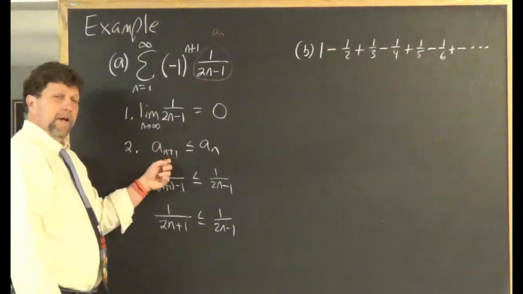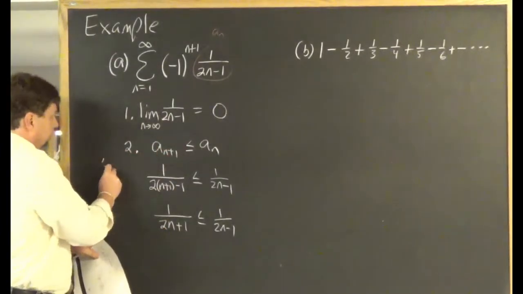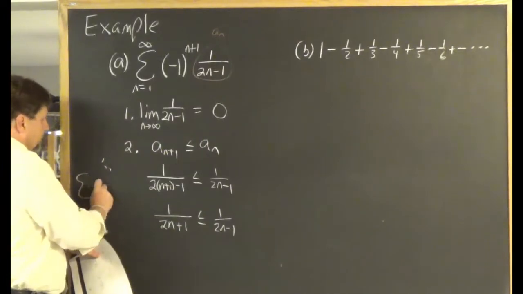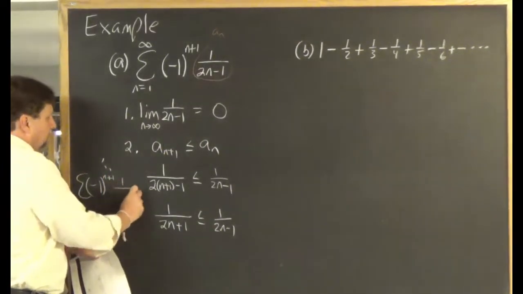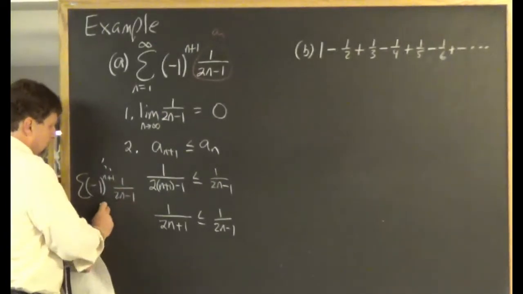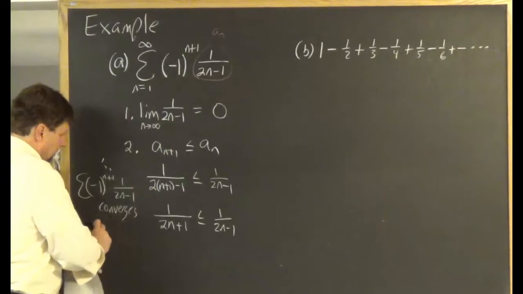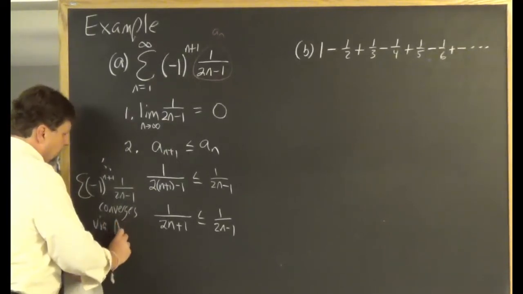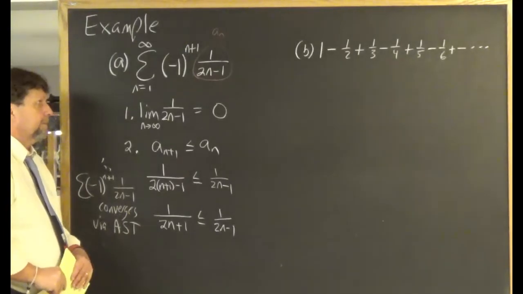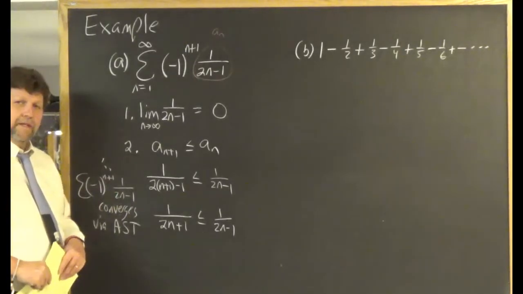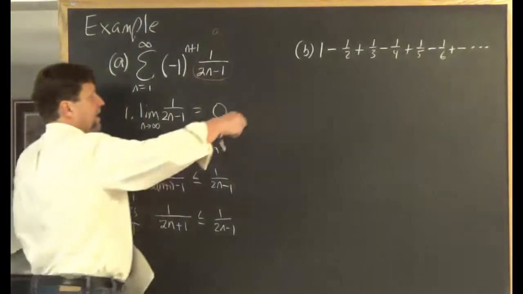Our conclusion: the series (-1)^(n+1) times 1 over 2n minus 1 converges, thanks to the alternating series test.